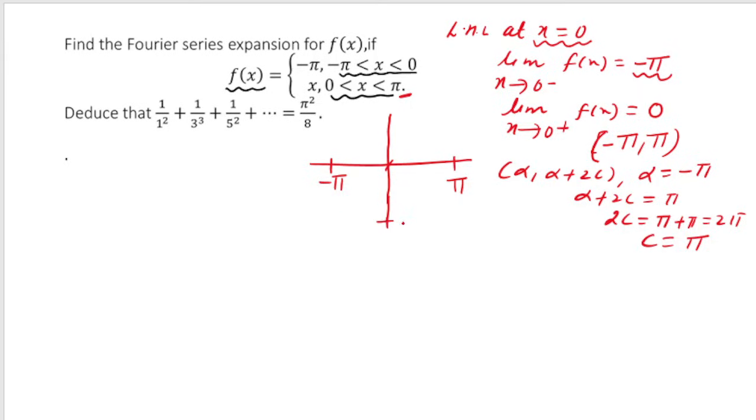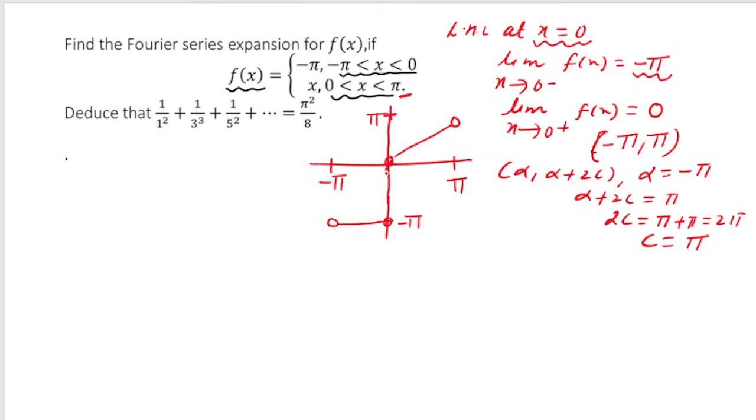The function takes the value minus pi up to 0, something like that, and at 0 it becomes x. Then from 0 to pi the function takes the value like this, and this point is pi. So you can see that the function is not continuous at the point 0, because it takes a finite jump at 0, right?